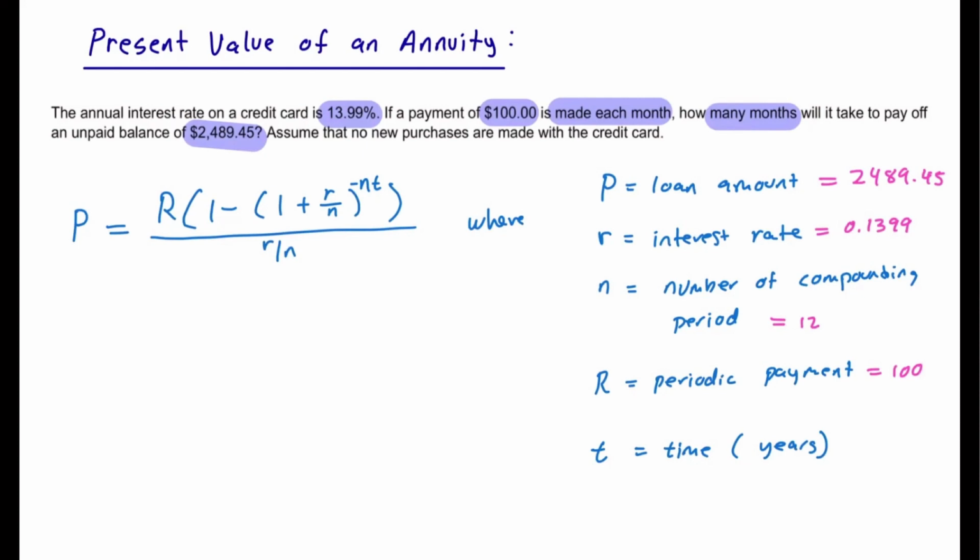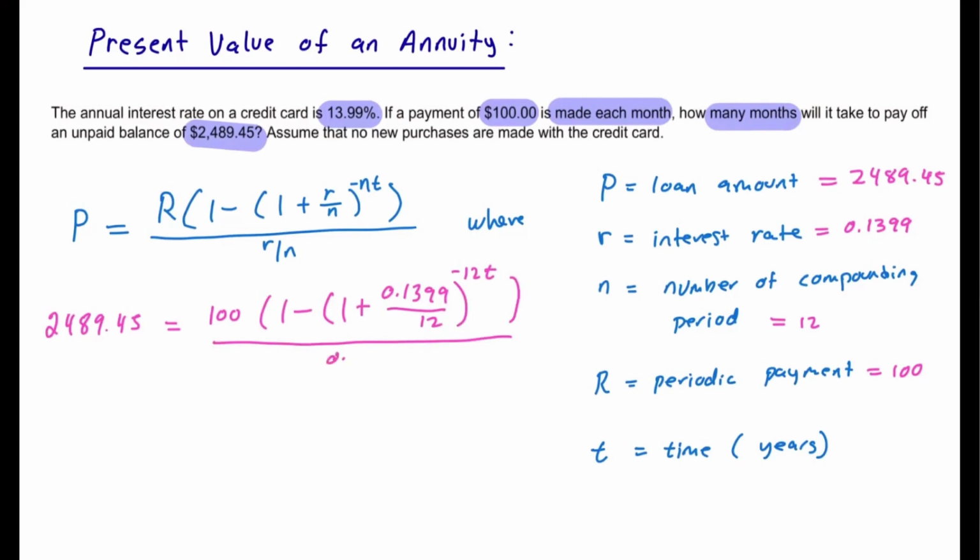We have our P value, 2489.45, is equal to 100 times 1 minus 1 plus the rate, 0.1399 over 12, raised to the exponent of negative 12 times t, which is what we're looking for, close parentheses, all over the rate, 0.1399 over 12. So that's how you set it up.